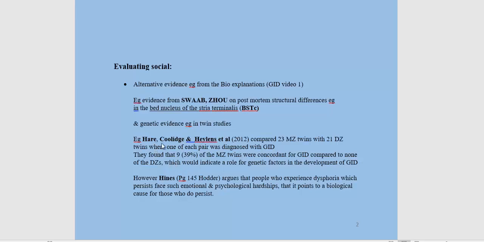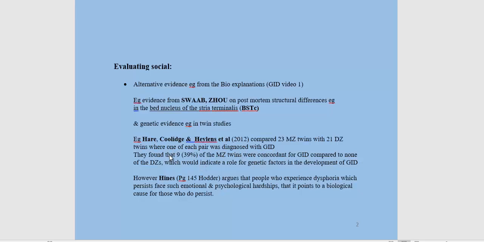So these pieces of research that we've referred to in part 1, for example, Helen's compared 23 MZ twins with 21 DZ twins. MZ, of course, monozygotic, identical twins, 100% same genotype, whereas DZ will only be the same as siblings, so half the same genetic makeup. And they looked at them where one of the twins was diagnosed with GID.